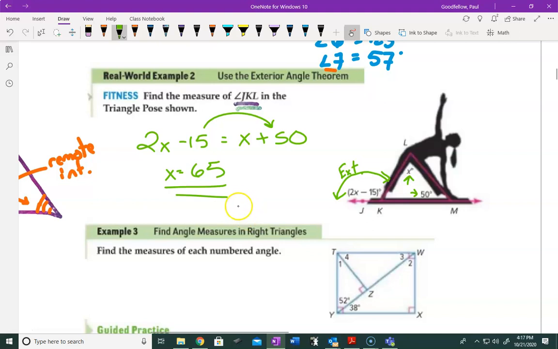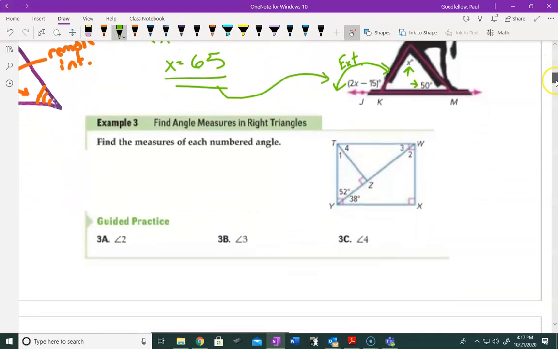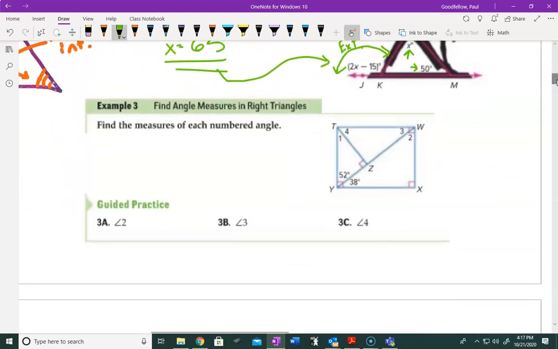And if I wanted the answer for JKL, I could just plug it back in and get the answer, okay? Now let's keep going and see if we can come up with some other exterior and interior concepts. Find the measures of each of the numbered angles. Angle 2 is sitting right here, and we're like, what should we do?